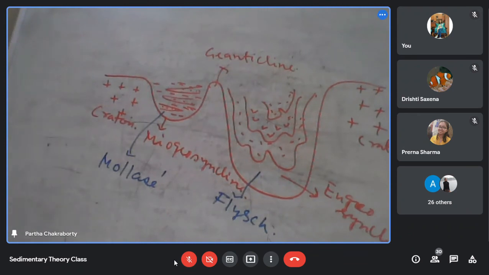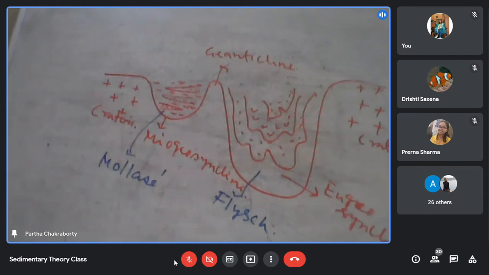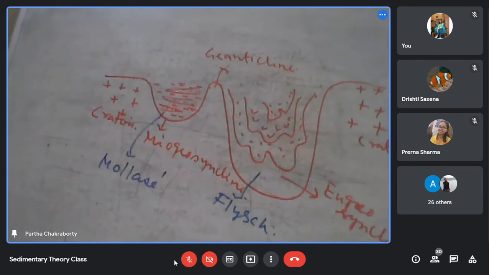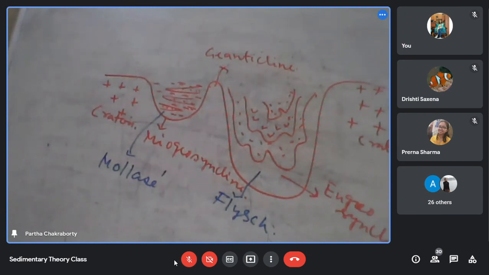What is Andaman Flysch? It is nothing but a turbidite succession. The same type of succession you get in the Tethyan Himalaya. So this is actually the earlier geosynclinal concept.